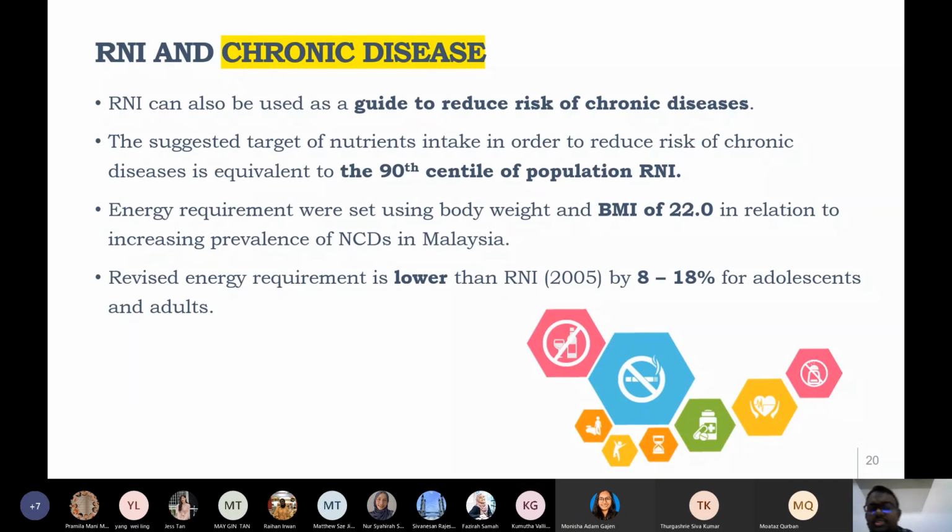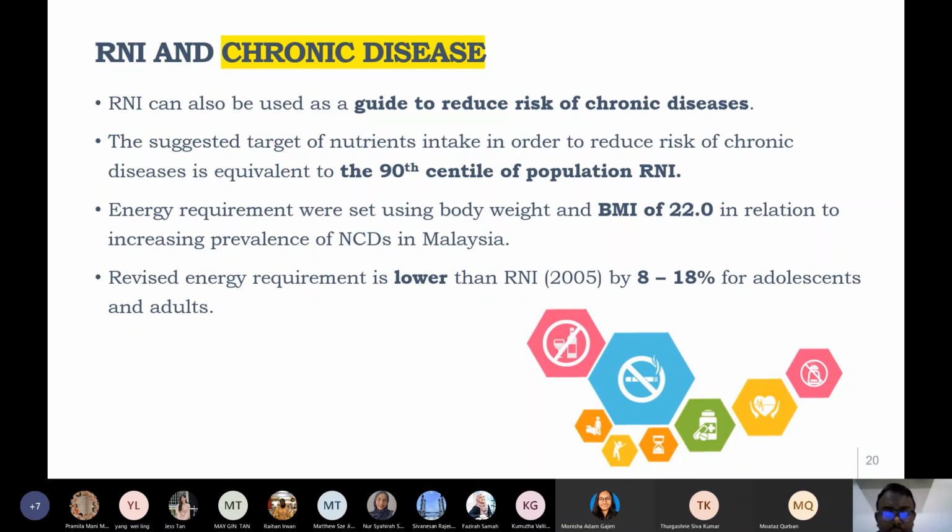And energy requirement was set using body weight and BMI of 22 because in relation to increasing prevalence of NCDs in Malaysia. We know that 1 in 2 Malaysian population are overweight or obese.